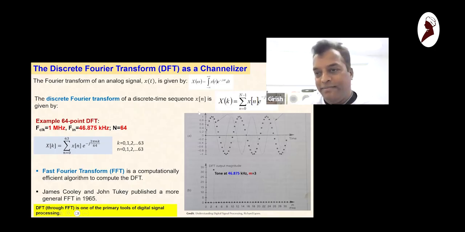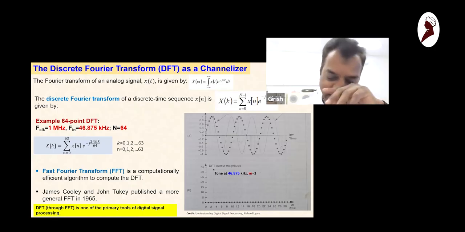So please be aware of that. This was the F engine in the earlier block diagram, which transforms signals from time domain to spectral domain, not just a tone or a sinusoidal signal. If you have a signal which is noise-like and if it is band limited, you can sample it appropriately and then pass it through this. You will get back the power spectrum in the context of the digital receiver.